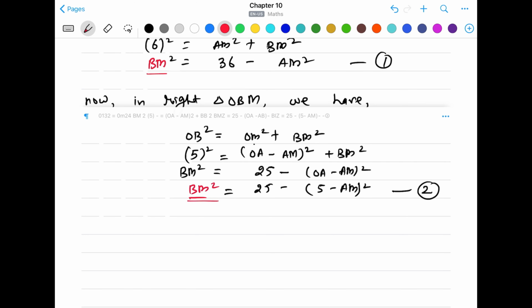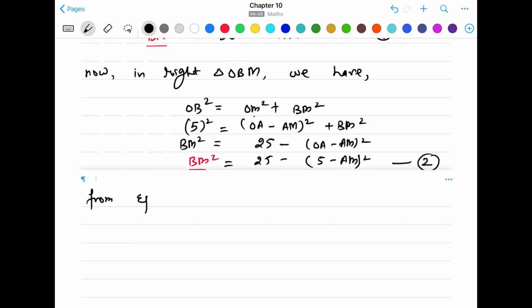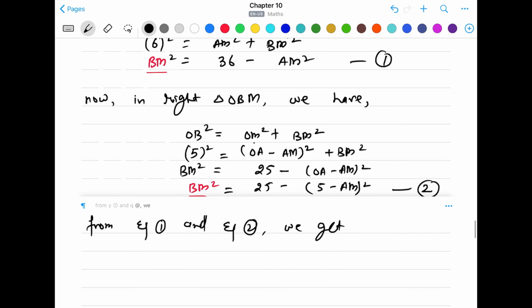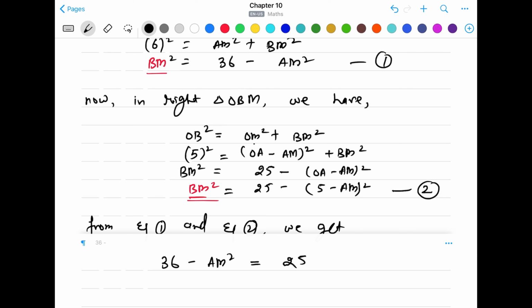So we'll write, on comparing equation 1 and 2, we get, as both are giving the value of BM square, they have to be equal. So we have 36 minus AM square will be equal to 25 minus 5 minus AM whole square.